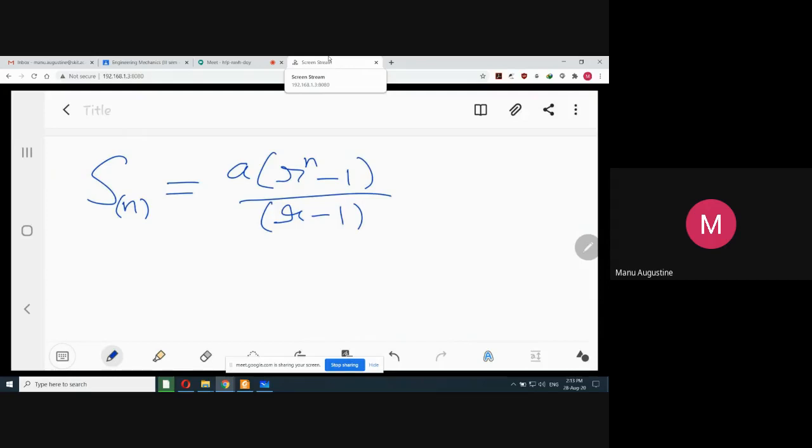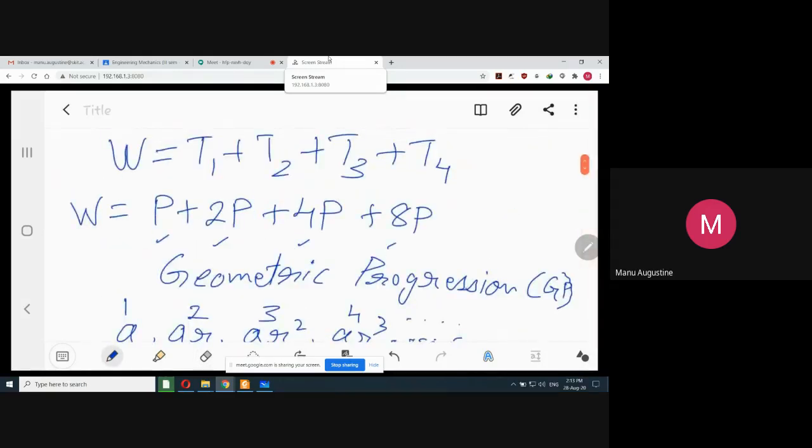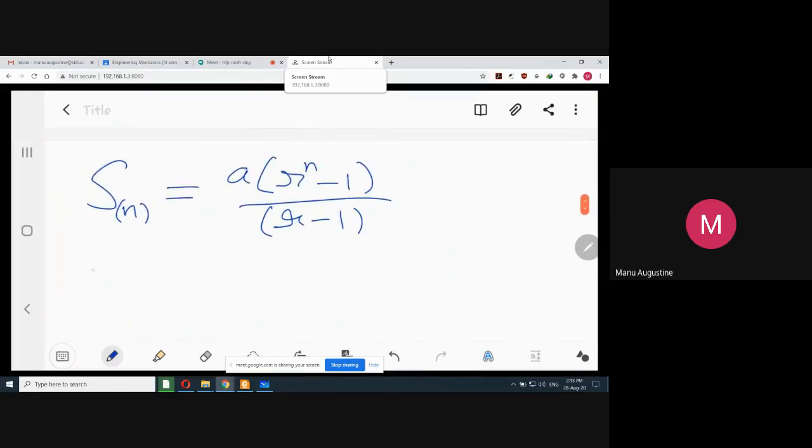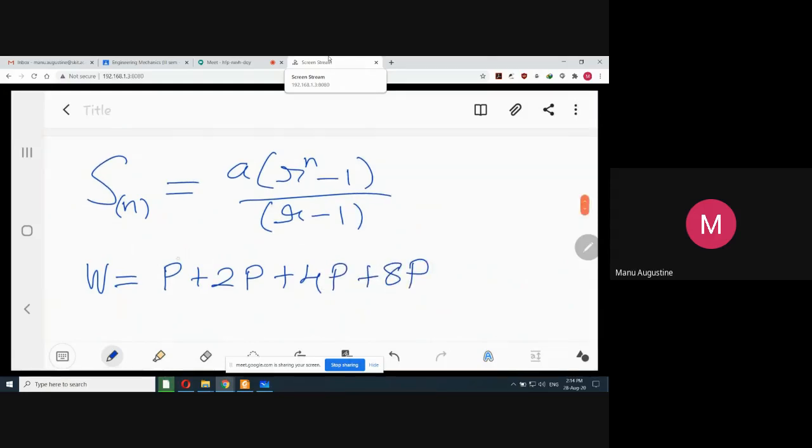So let us look at the geometric progression which we have in our hands. The expression is for W. So this capital W was given as P plus 2P plus 4P plus 8P. So let us see how many terms we have. 1, 2, 3, 4.